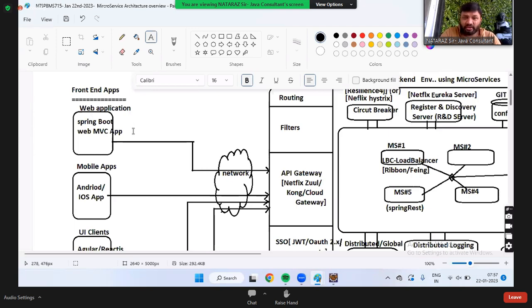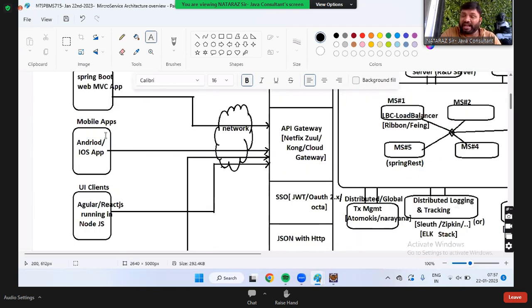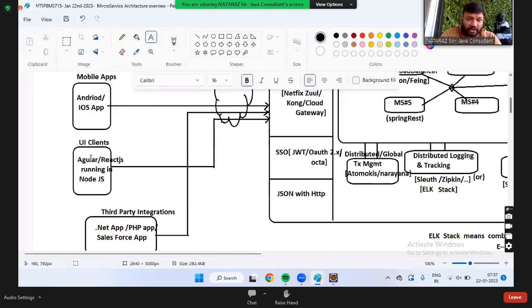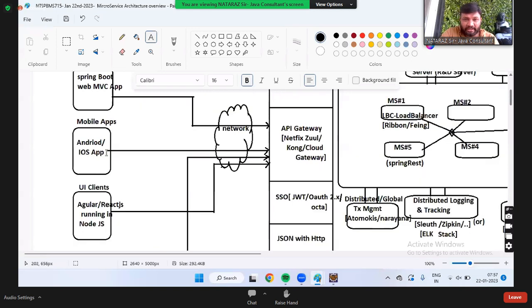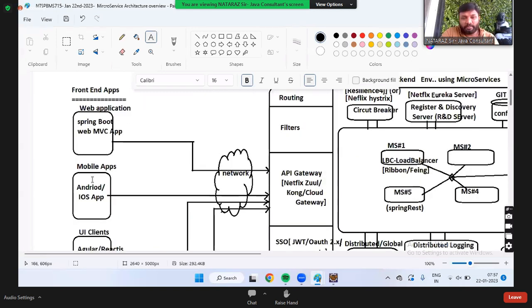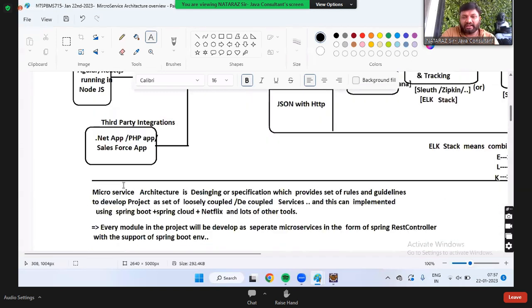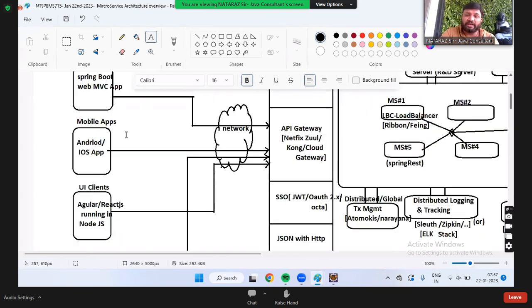From a mobile application, we can access services. From different UI clients, we can access those services. Angular, React JS running in a Node.js environment, JavaScript based website, Spring based website, mobile application, and third party applications, boss. Third party .NET application, PHP application, Salesforce application, and a lot of third party applications can also be there.